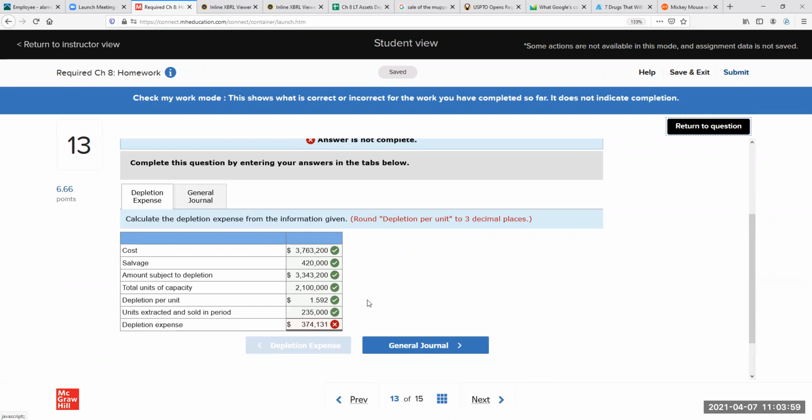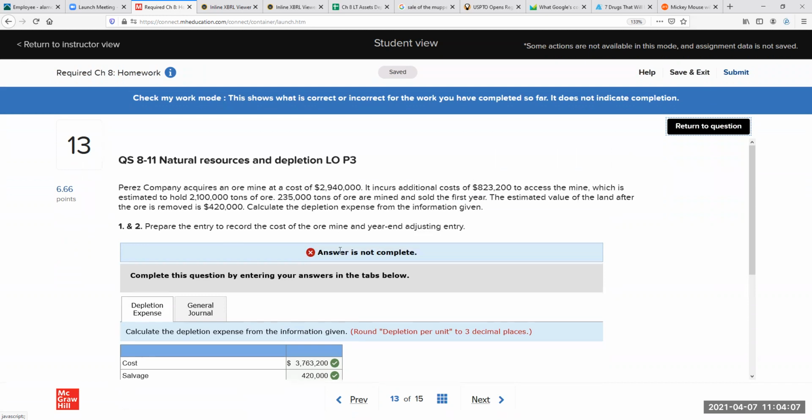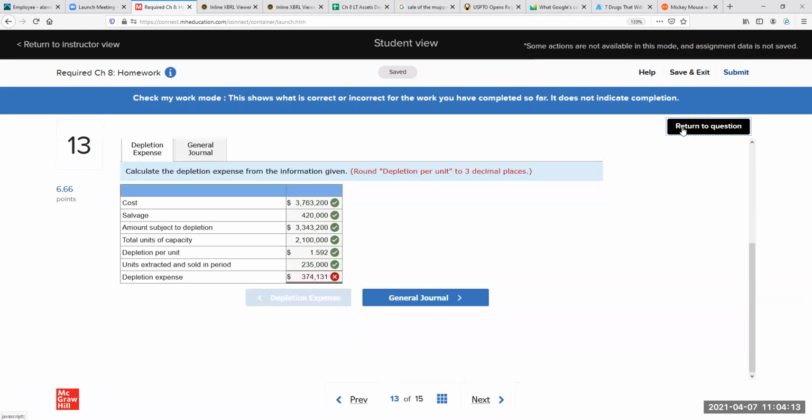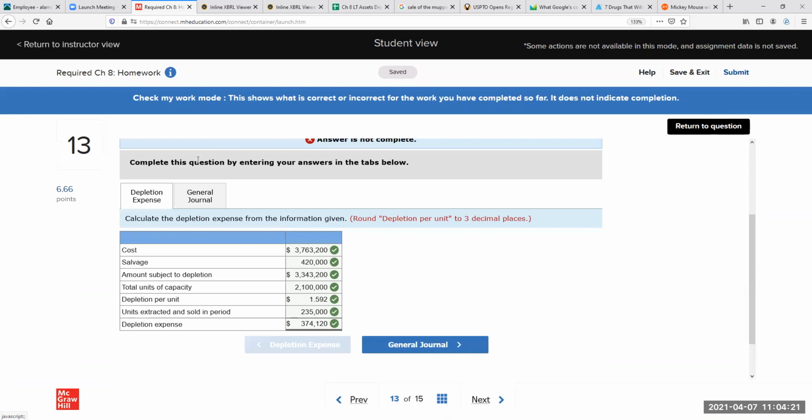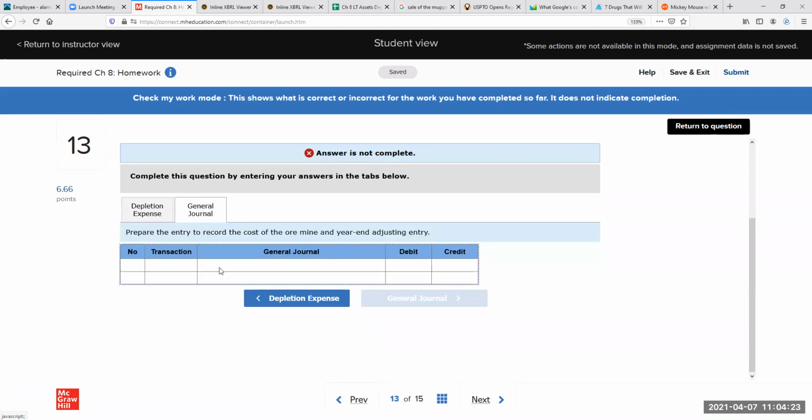So let me take that. 2,000,001. 1.592 times 235,000 tons is 374,120. So this 374,120, now I have our journal entry. And what is it?